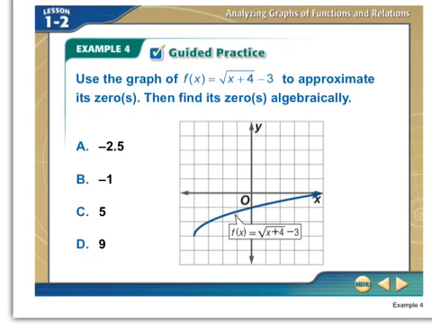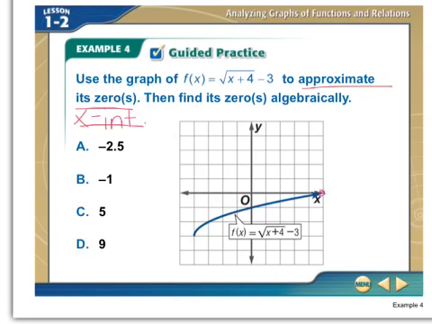So in this example, if we are going to approximate the zeros of the function, they're really talking about the x-intercepts. The x-intercept is where y equals 0 on the graph. I take that back. I circled the wrong point.